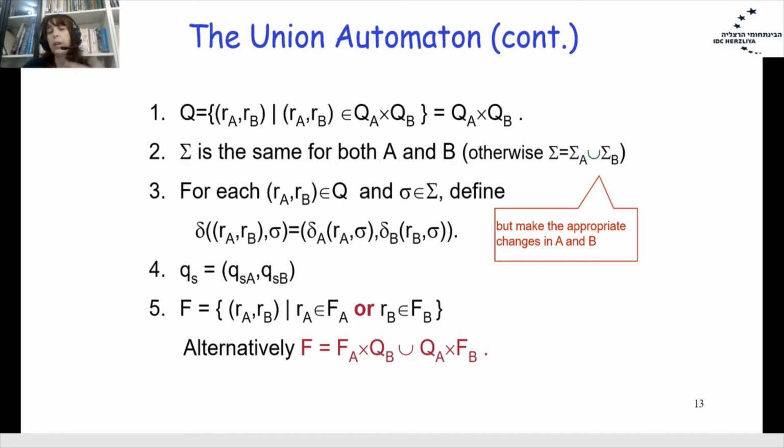Alternatively, we can write this definition as F equals FA Cartesian product QB union QA Cartesian product FB. So it doesn't matter whether we have an accepting state in A or in B.